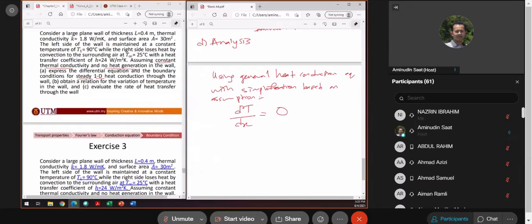With boundary condition 1: at x equals 0, T equals T1, which is 90 degrees Celsius. Okay, this one.